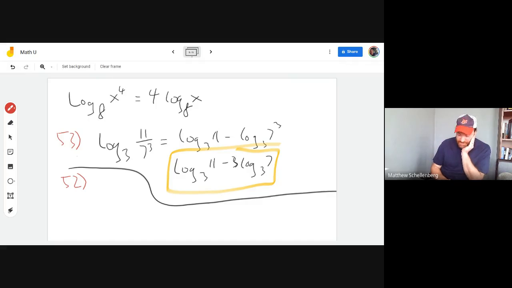So here's 52. 52 says log of x over y with base 9. Oh, and there's an exponent on that, which is 4. And so before I do the subtraction of the logarithms, I'm going to deal with the exponent first.